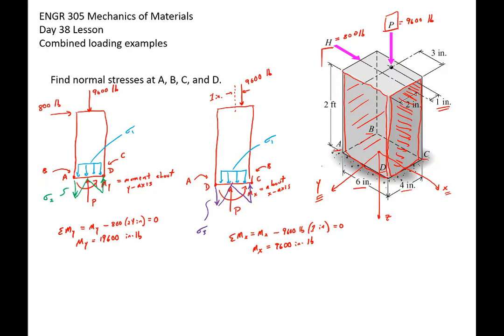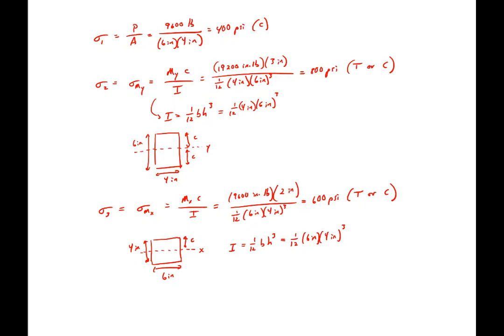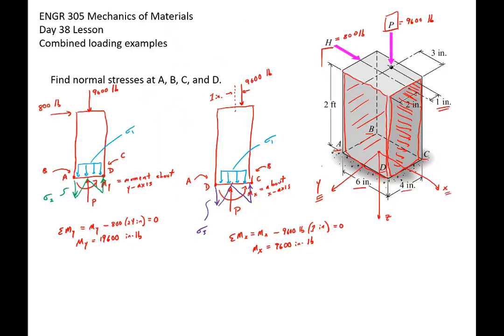So let's put that together and say in this diagram here, the normal load at A is going to be, and I'll make it the same color, a compressive contribution from sigma 1. Let's go back. I've got a tensile contribution here from sigma 2.